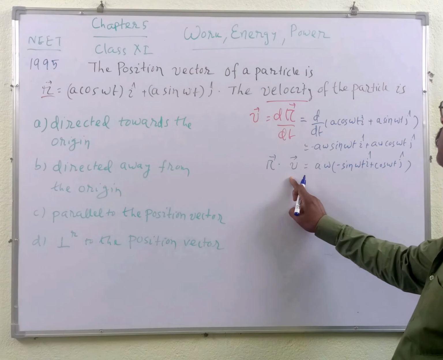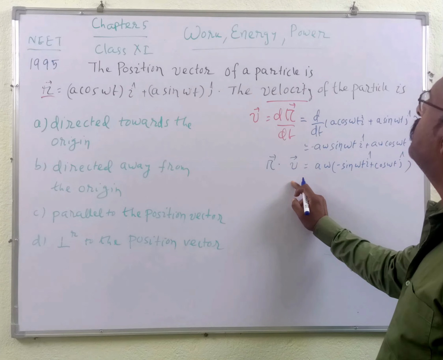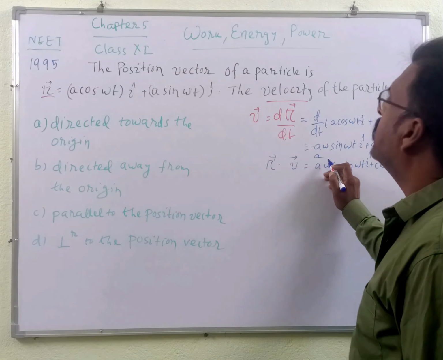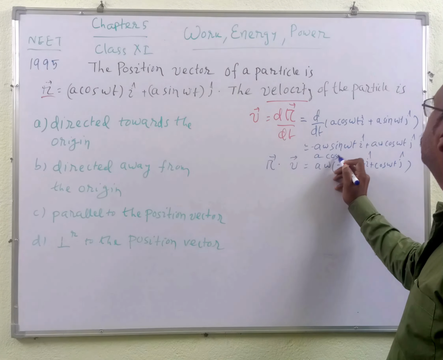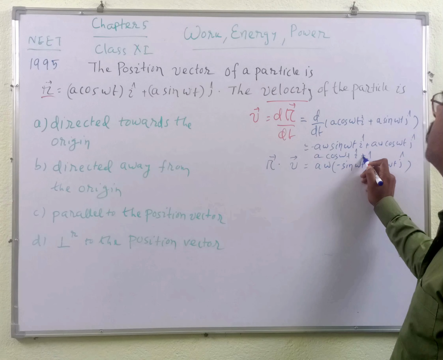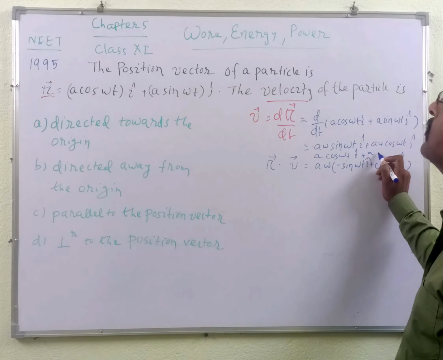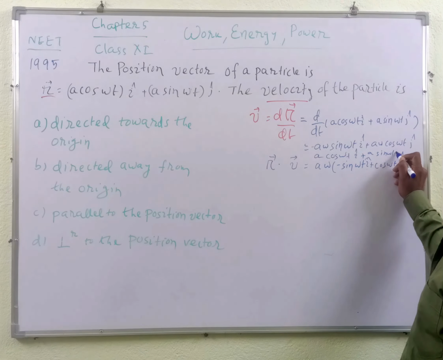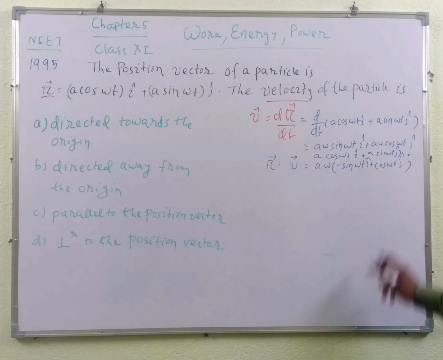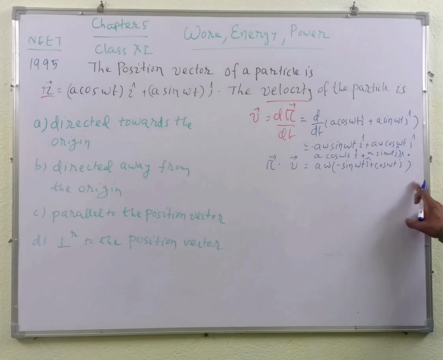If we do r dot v, then what will be r dot v? r dot v will be a cos omega t i cap plus a sin omega t j cap dot this one, a omega into minus sin omega t i cap plus cos omega t j cap.